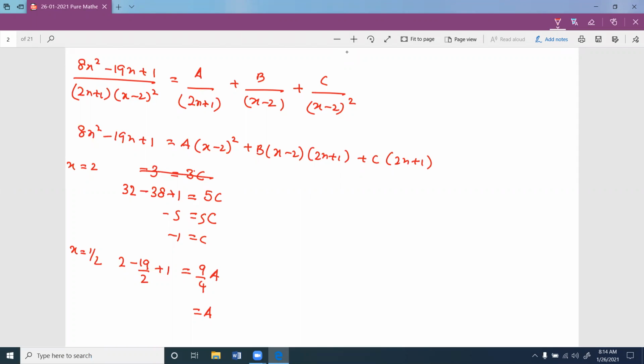So if you operate these, you have to go with the perfect figures. 2 minus 19 over 2 turns out to be minus 13 over 2. There is a problem over here.